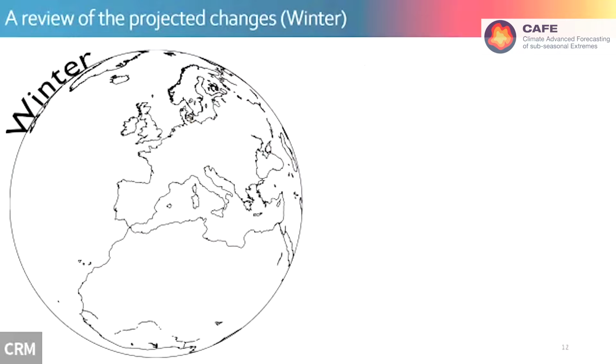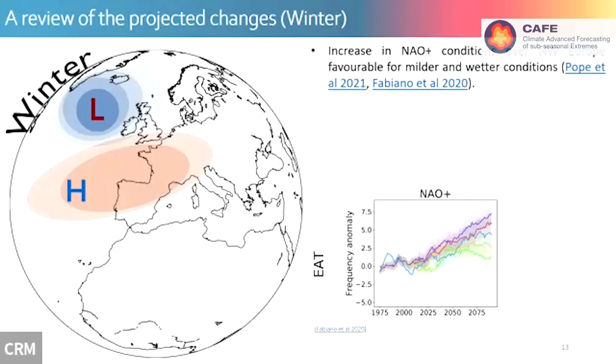So doing a quick review of the winter, for example, the projected changes mention that there is a likelihood that some of the NAO plus events over Europe might tend to increase. However, we have to be careful with this conclusion because there is some intermodel disagreement and biases that still have to be taken into account.